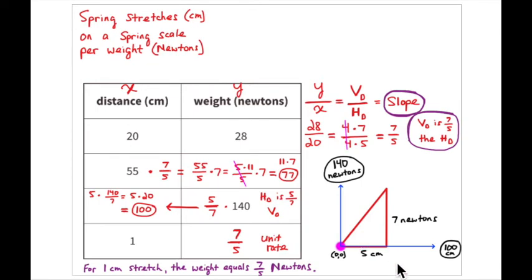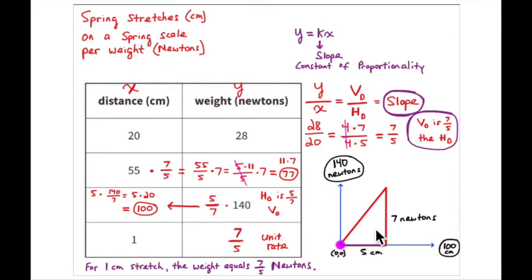And then you're supposed to state what scales you would set up to get all of this data on one graph. Well, notice that the farthest it goes out along the y-axis is 140 newtons. So it goes up to 140 newtons, and the farthest it goes along the x-axis is the x value that corresponds to that 140 newtons, which is 100 centimeters.